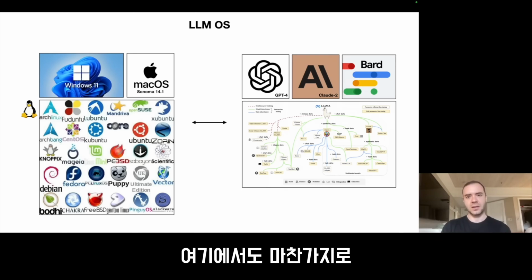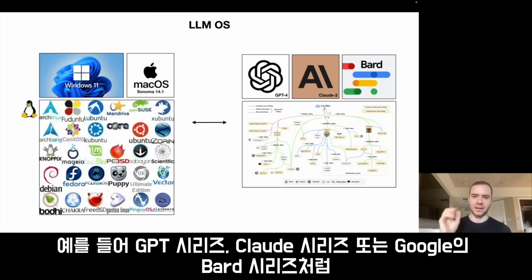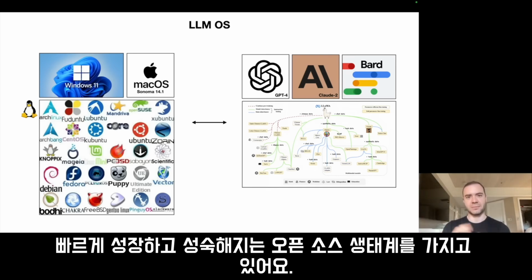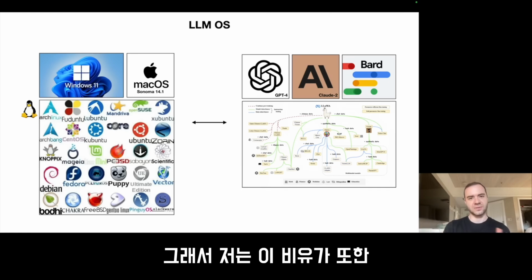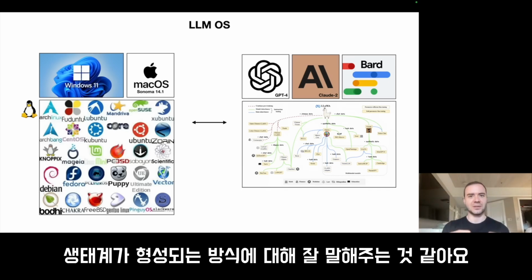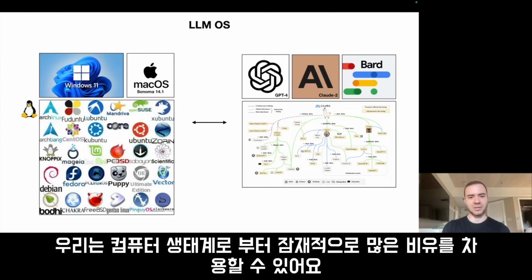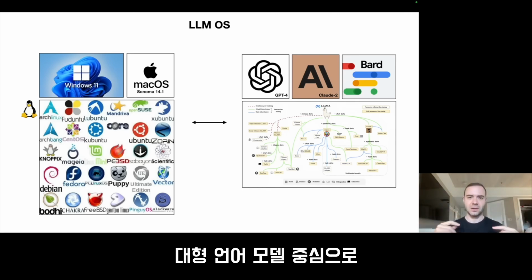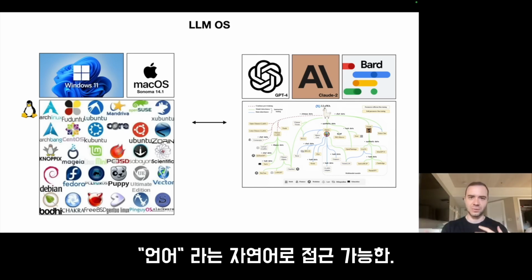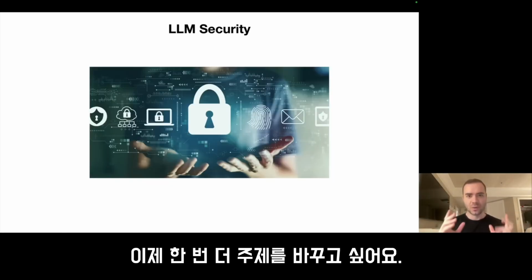In the same way here, we have some proprietary operating systems like the GPT series, Claude series, or Bard series from Google, but we also have a rapidly emerging and maturing ecosystem in open source large language models, currently mostly based on the Llama series. So I think the analogy also holds for this reason in terms of how the ecosystem is shaping up. And we can potentially borrow a lot of analogies from the previous computing stack to think about this new computing stack, fundamentally based around large language models, orchestrating tools for problem solving, and accessible via a natural language interface.